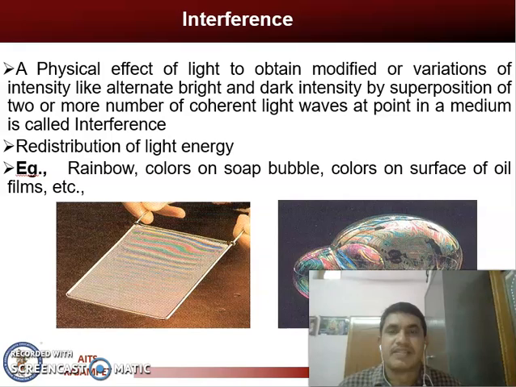For example, redistribution of light energy. We can observe interference in our daily life also, for example, rainbows, colors on soap bubbles, colors on the surface of an oil film, etc.